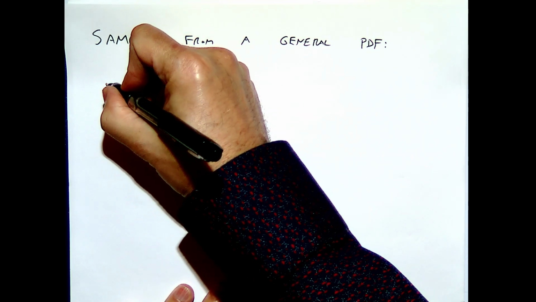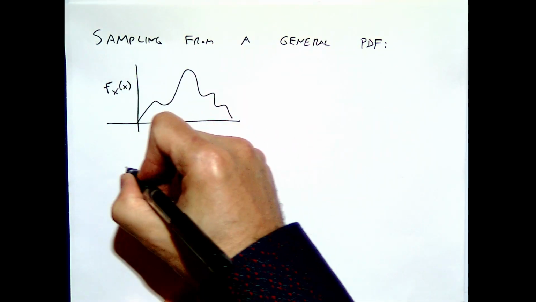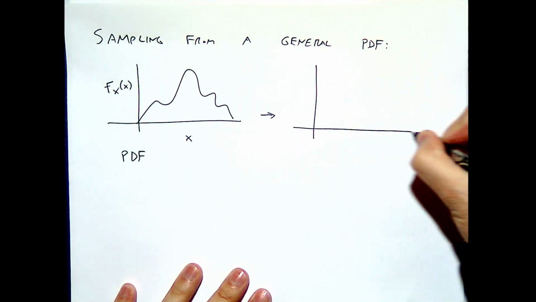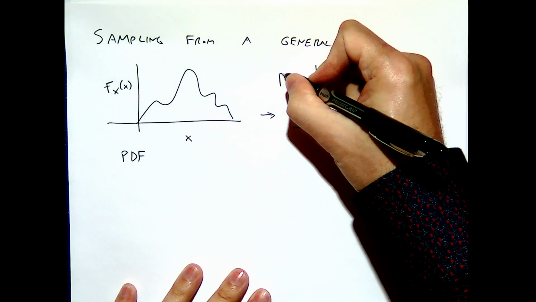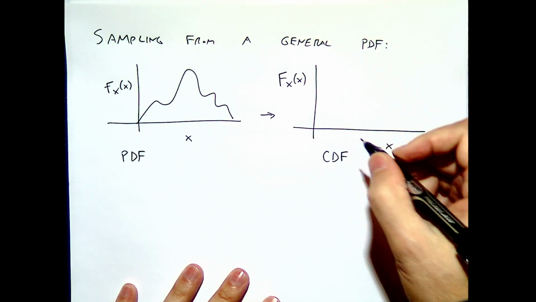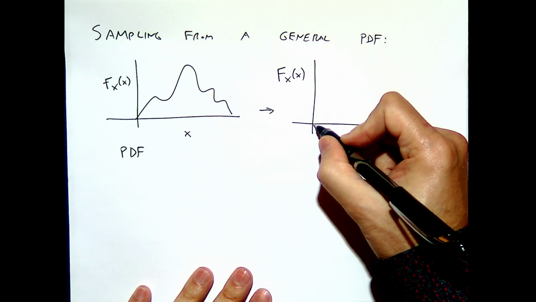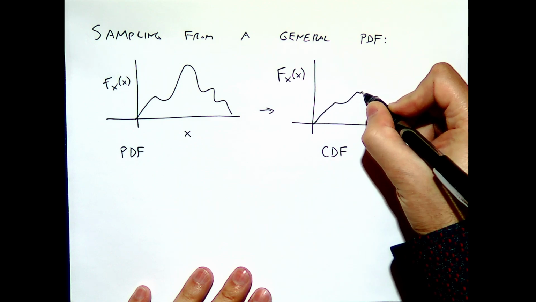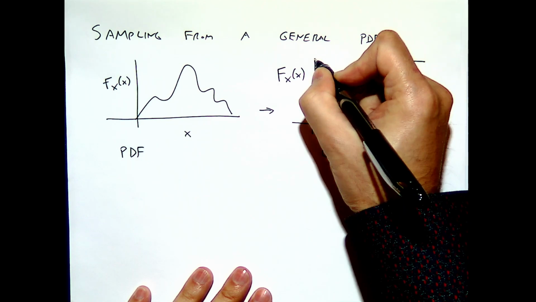So if this is my PDF of x, I create the cumulative density function, capital F. This is called the CDF of x, right? That's a function that monotonically increases from 0 to eventually up to 1, right?